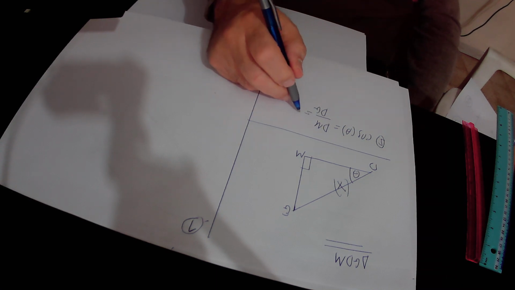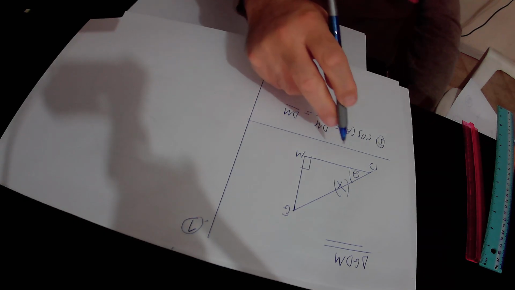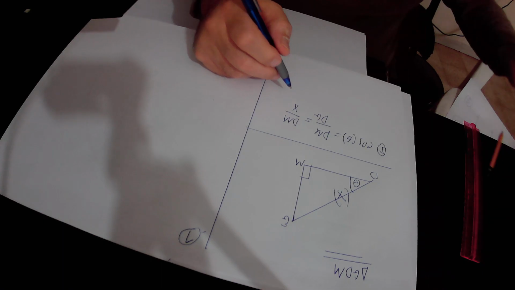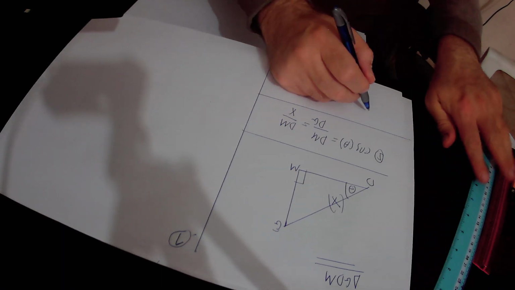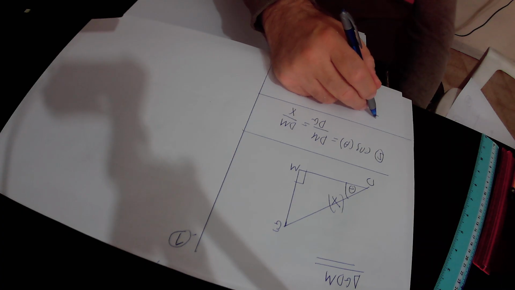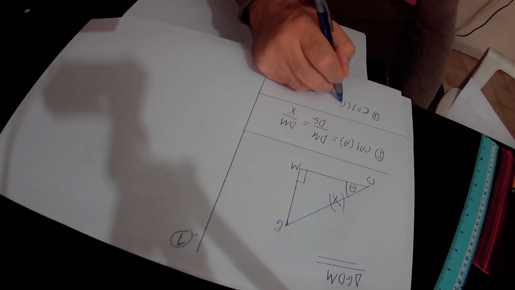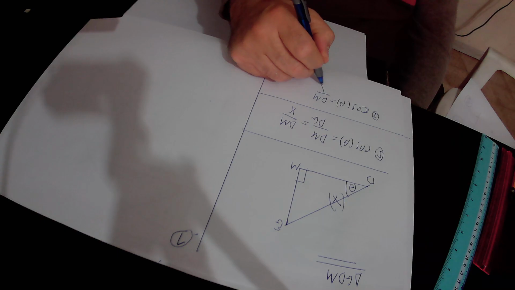So cosine theta equals DM, which is the missing side so we leave it as it is, over DG. DG is x. So in conclusion, we found that according to equation 1, cosine theta equals DM over x.